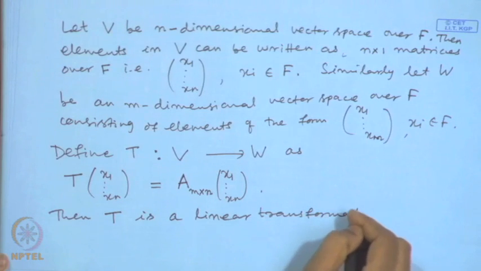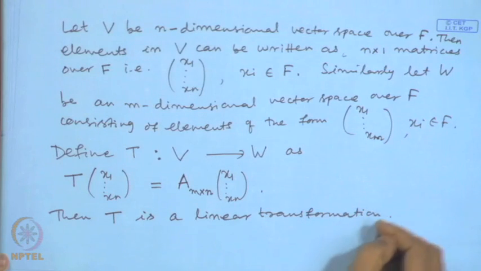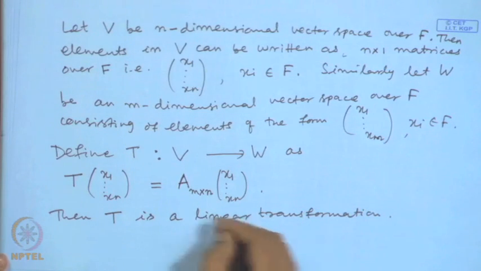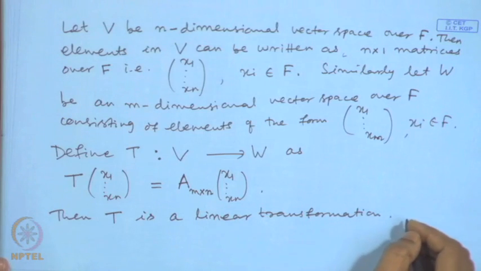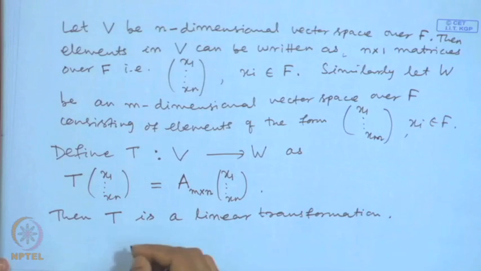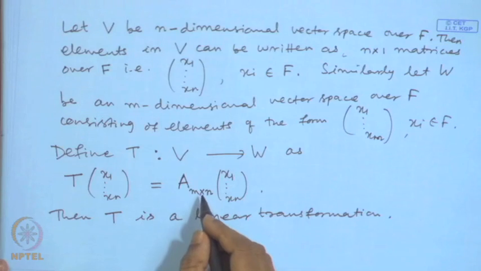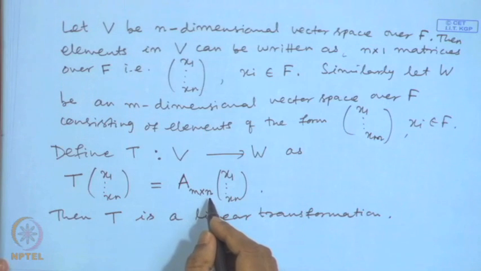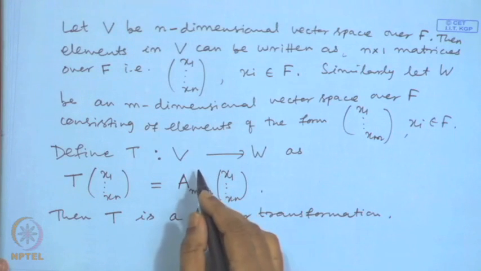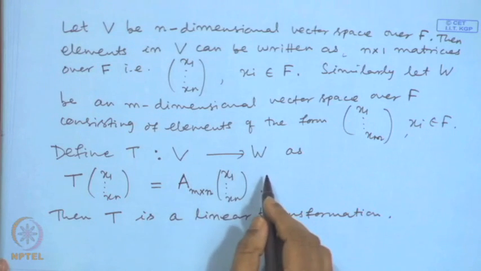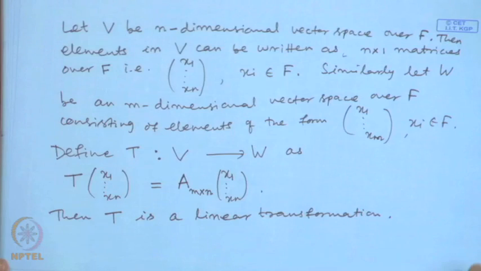This can be checked by applying properties of the matrix A, and this is how we get a linear transformation T from any given matrix A. Notice that if A is a matrix of size m by n, then we get a linear transformation from an n dimensional vector space V to an m dimensional vector space W.